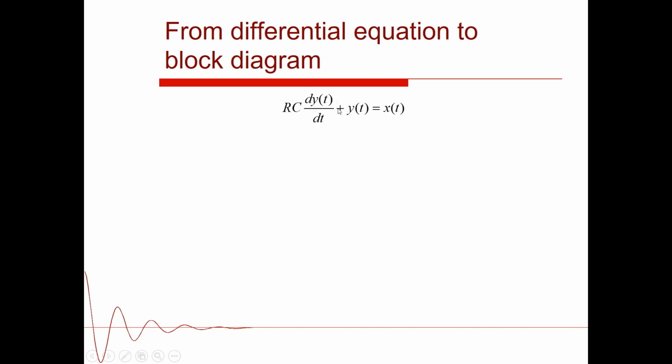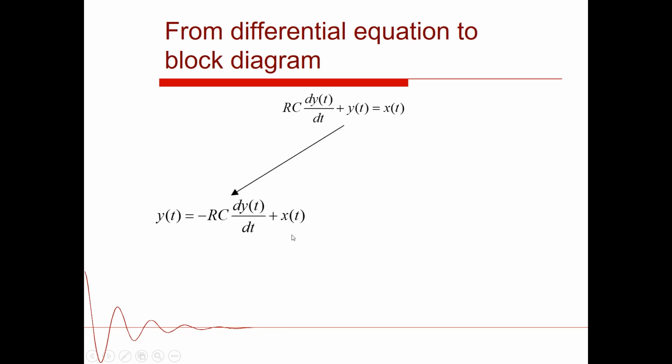So we get y equals minus rc times dy/dt, so the derivative of y, because it is put to the right side of the equation, plus x.